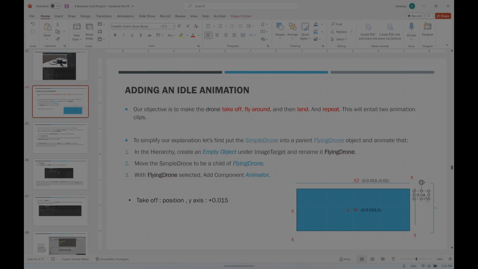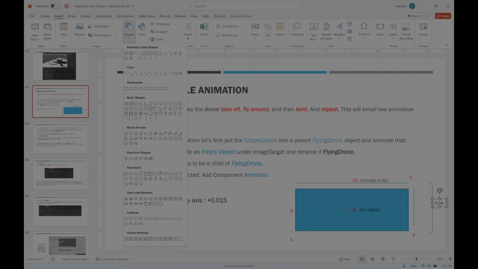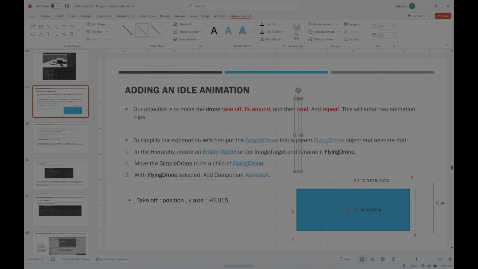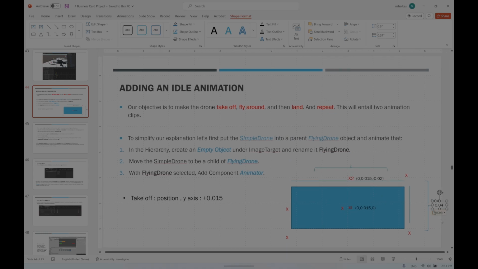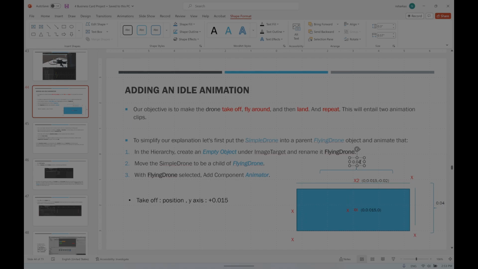So if this is 0.04, good. And if this is 0.09, then you can easily plan your animation successfully.